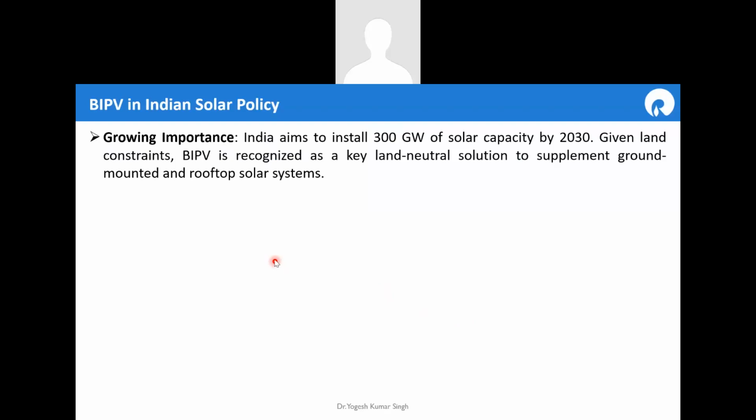The first thing in the solar policy: you are already aware that India has set the aim of around 300 gigawatts of solar capacity by 2030, and for that we require land, because solar panels use land. BIPV gives a proper solution, a land-neutral solution, and we can also use solar modules in mounted and rooftop systems. So this is the first initiative taken by the government of India, given the importance of the building structure.